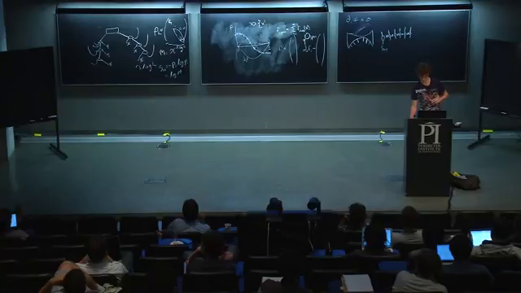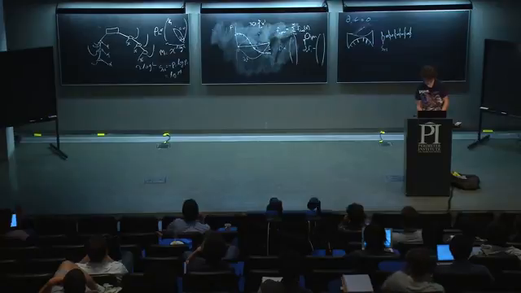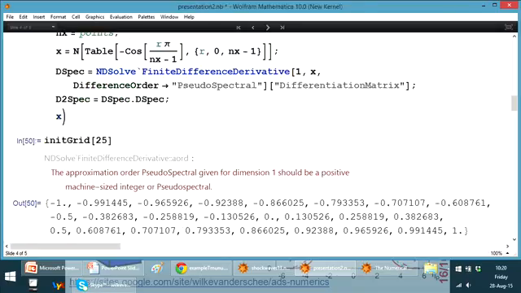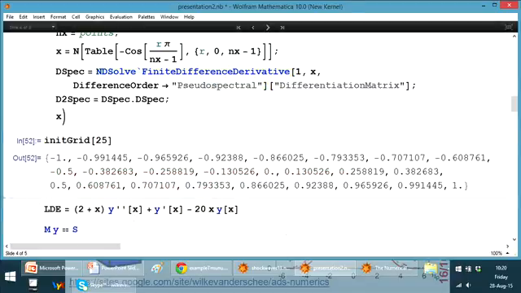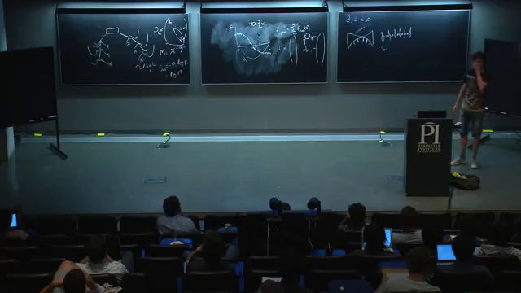I don't think here. Do you think it would work over here? Pseudo-spectral given for dimension should be a positive machine size integer, or pseudo-spectral. Good. Okay, so that gives the same answer. Yeah, that's a good point.